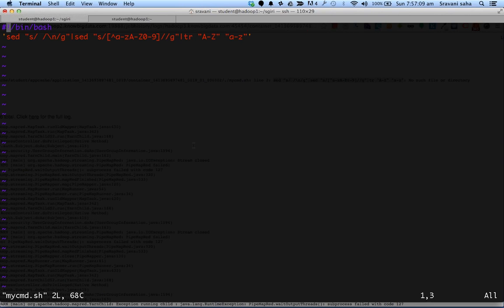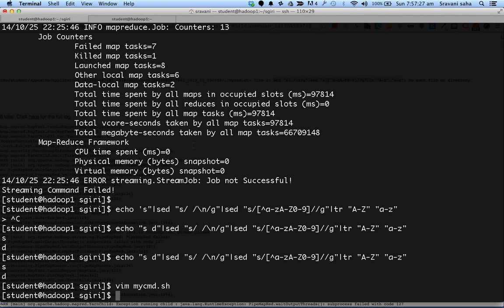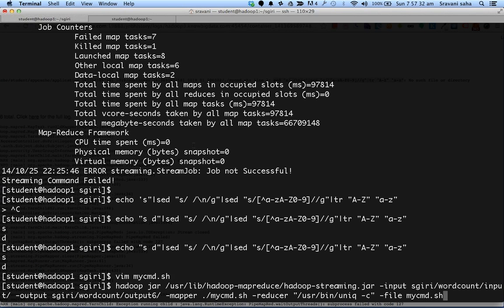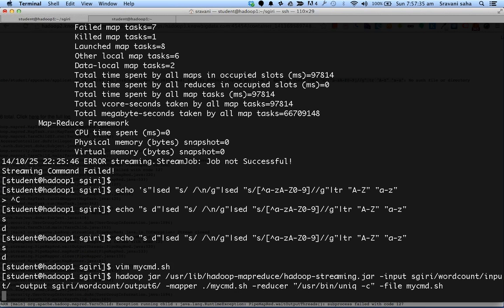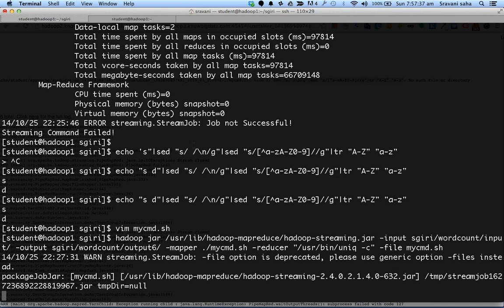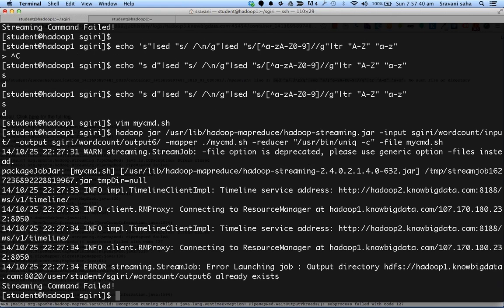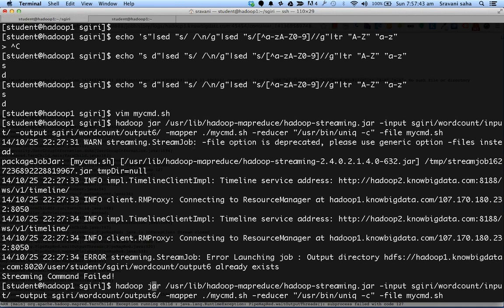And I forgot to remove the single quotes. Good. If you put single quotes around it, it will consider the whole thing as a single command, and probably that is the reason why it is giving the error. All right, good. Output 6 exists. Don't worry. Now we'll change it to output 7.